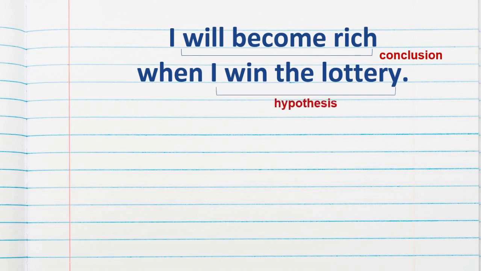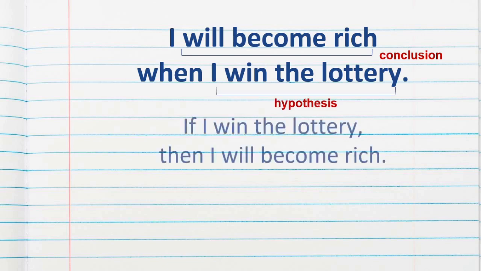Written in if-then format: if I win the lottery, then I will become rich. Take note, we must first be clear about the hypothesis and conclusion, because the statement may be written in reverse order. Now let us analyze.